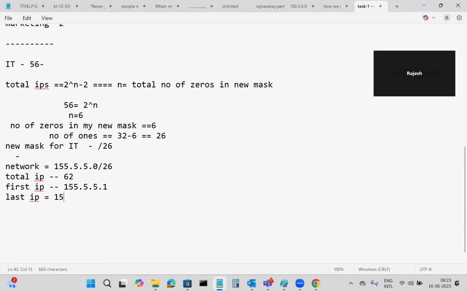So my network is 155.5.5.0 plus 62, so 62 is my last. What will be my broadcast? Last IP plus 1, which is 63. I get all of this for the IT department. This way. Got it? Any doubt in this?